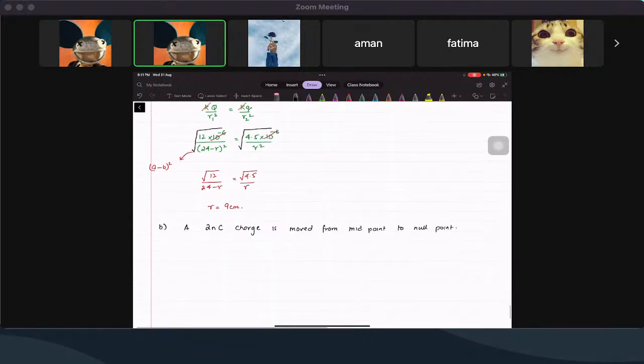So it says determine the work done to move to n from m, and they've also given the diagram.